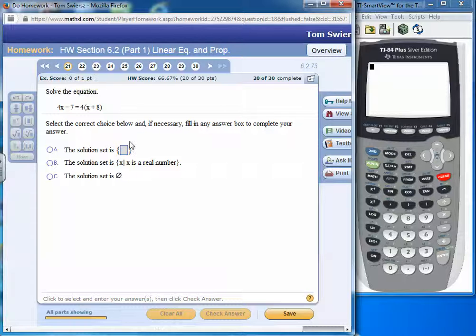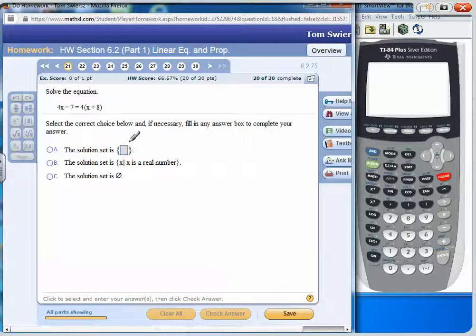Okay, now let's go ahead and look at number 21. We're back to solving equations. What's going to happen in this equation is the x's are going to cancel on each side. Let me show you what happens.